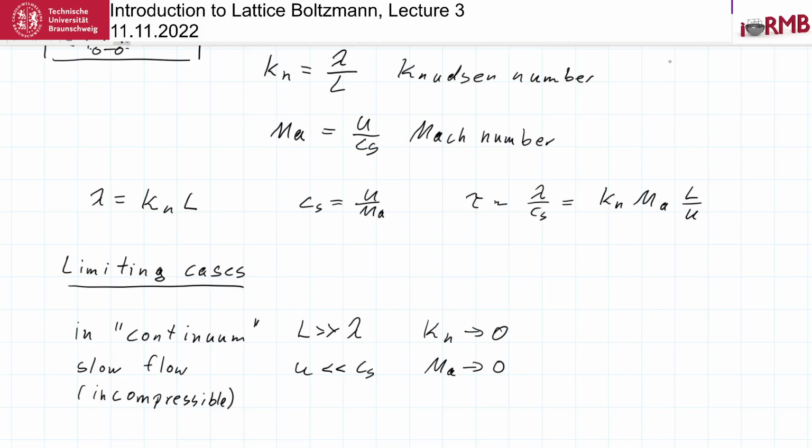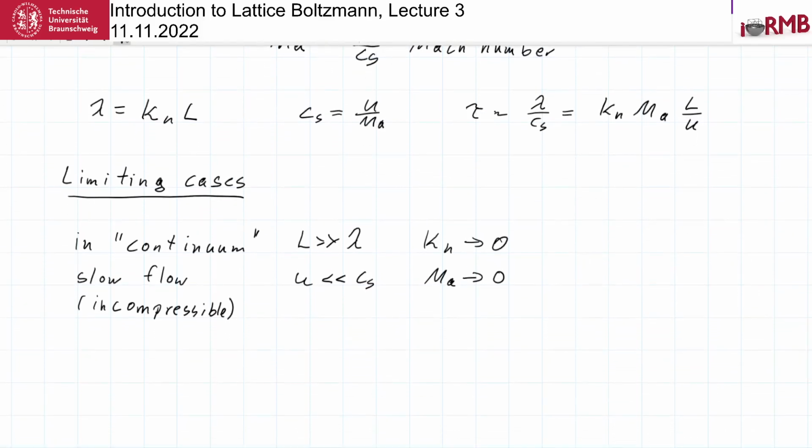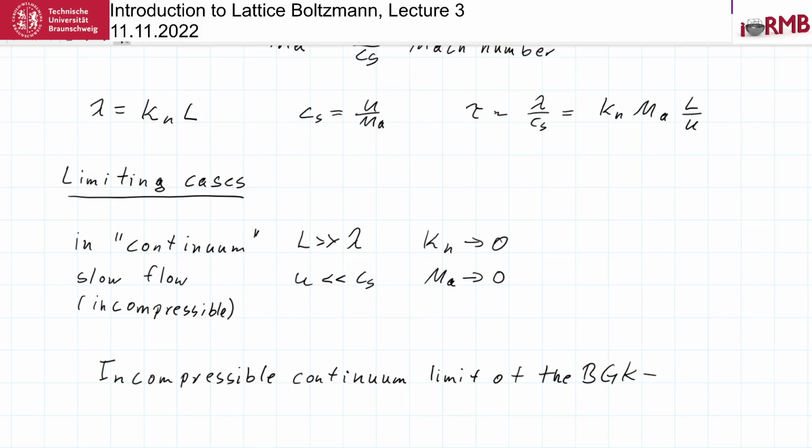So these are the assumptions under which we expect that we get to an incompressible continuum limit. So this is the next topic, the incompressible continuum limit of the BGK equation.